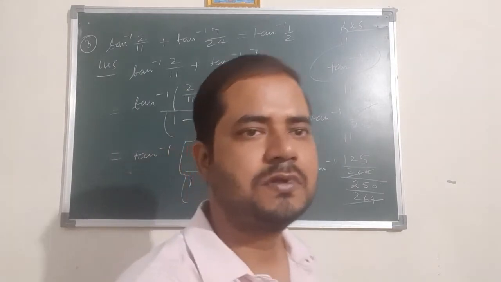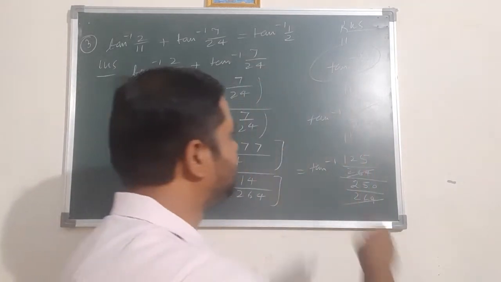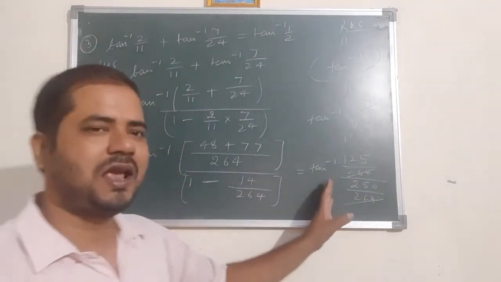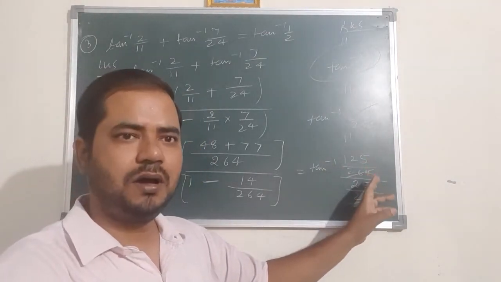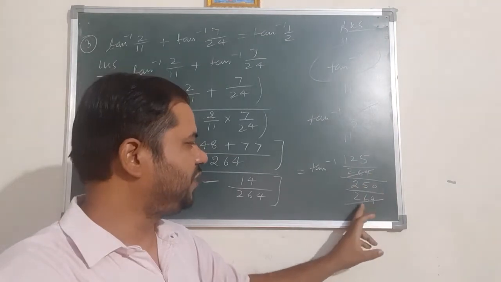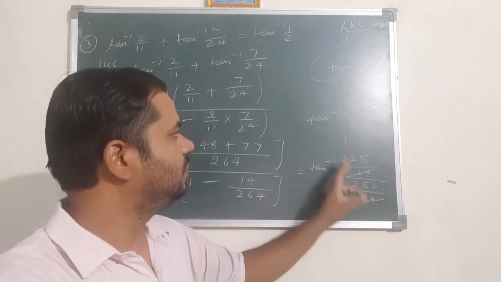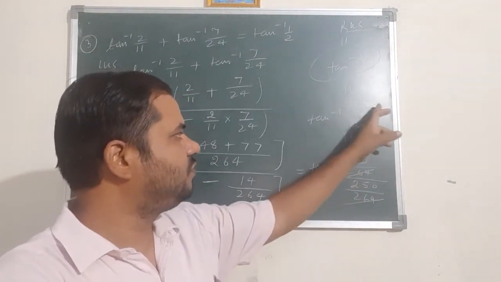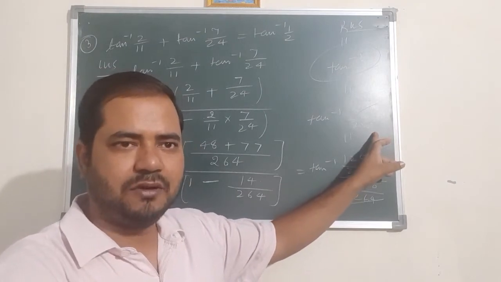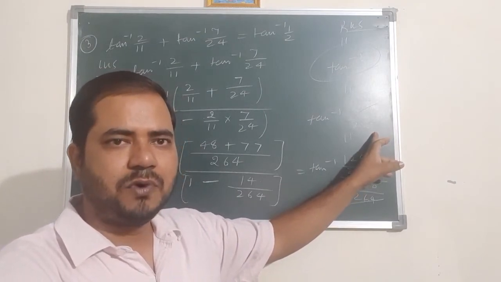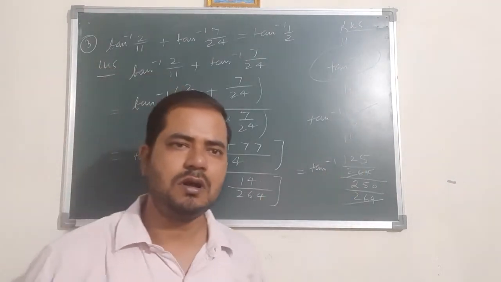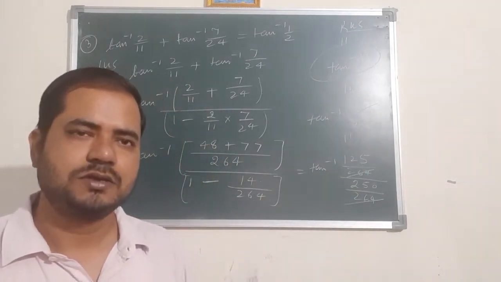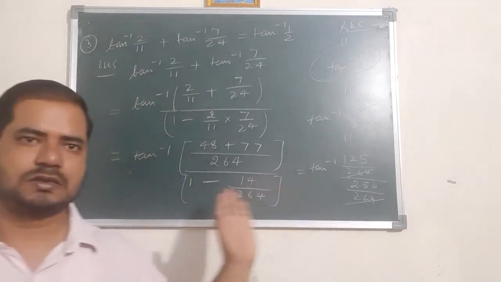Okay. So maybe this is not visible, but this is a simple calculation actually. So as you know, this is tan inverse of 125 upon 250, so tan inverse 1 by 2, and this is your RHS. Okay, so I hope you understand. Please note it down.